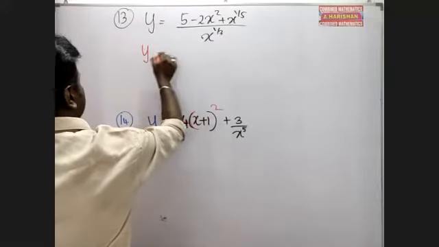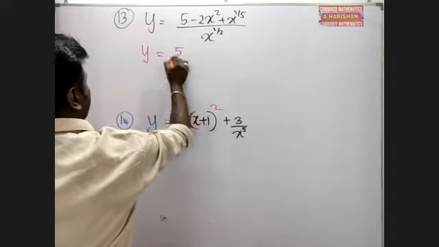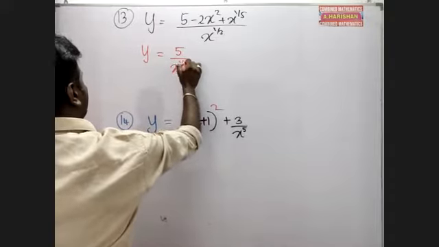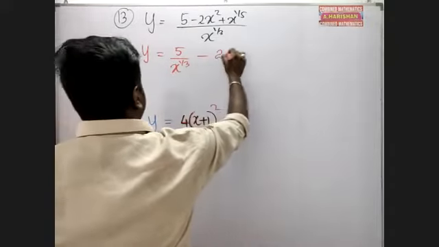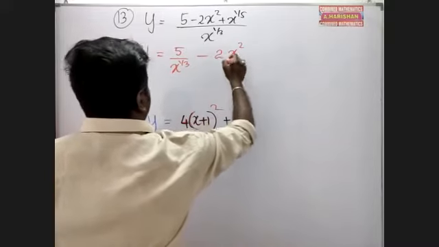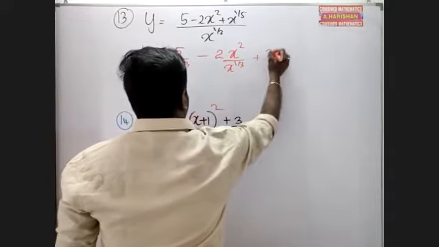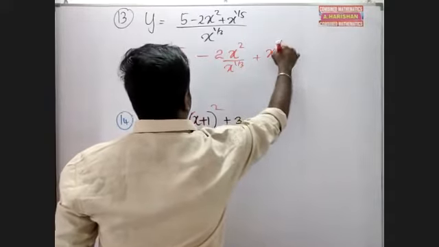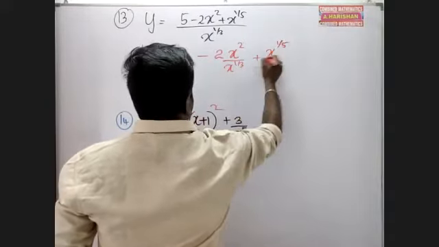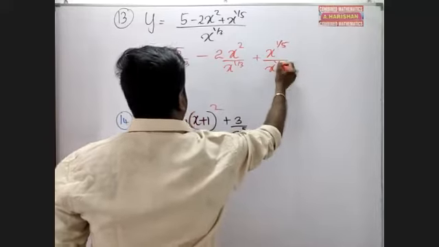y equals, individually you have to divide, 5 over x to the power 1 third, x squared over x to the power 1 third, and 1 over 5 over x to the power 1 third.